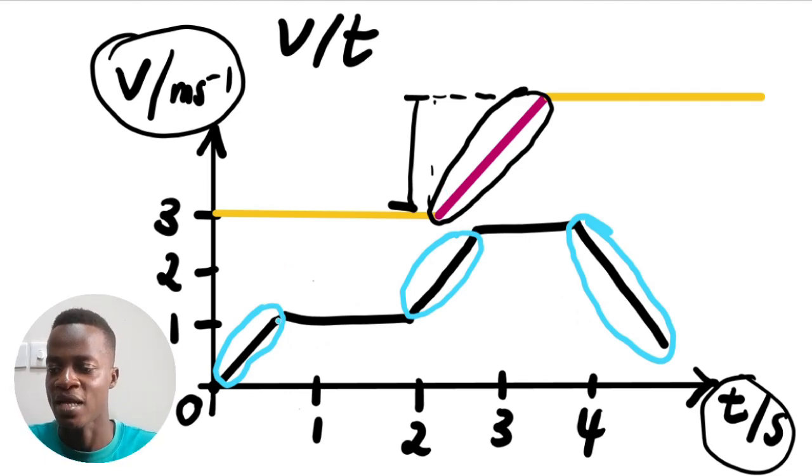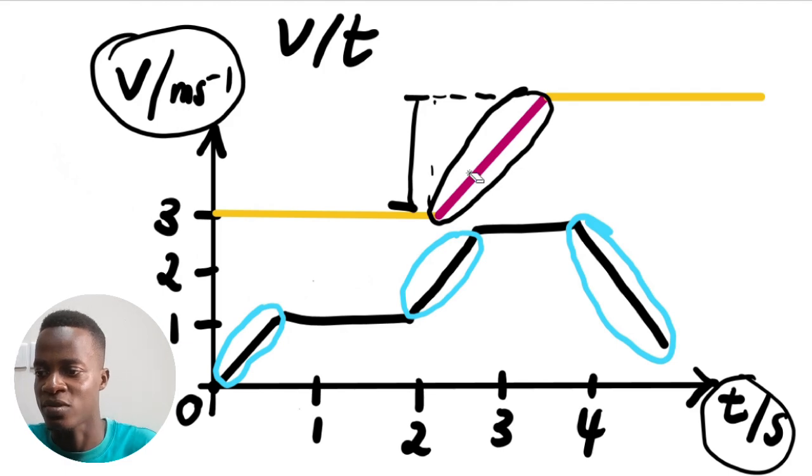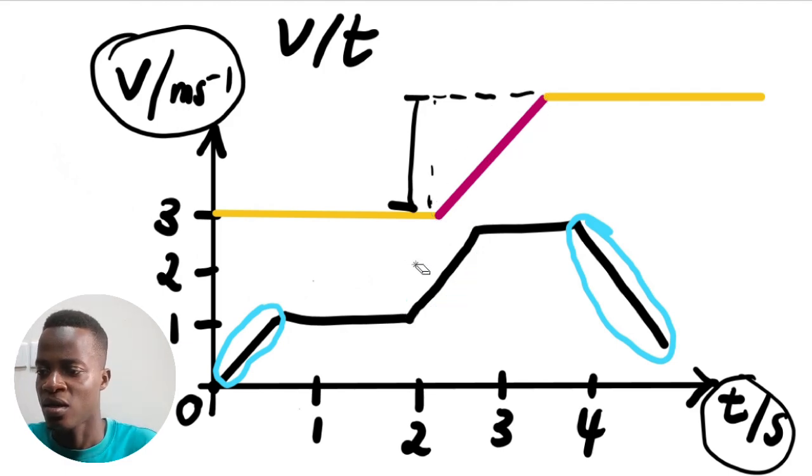There's a slope from the start, then a horizontal line, then another slope, another horizontal line, and then another slope, but this slope is downward, right? So this is how we will meet most of the graphs, which will have slopes attached to them. Okay, that's about slope. So you should be able to identify slopes for graphs. This particular graph has three slopes.